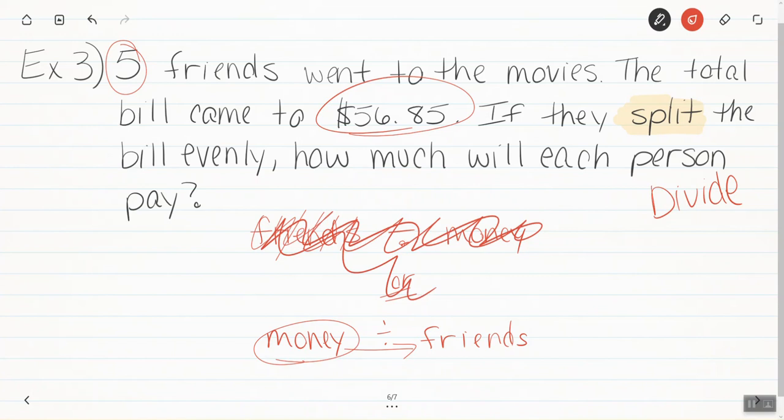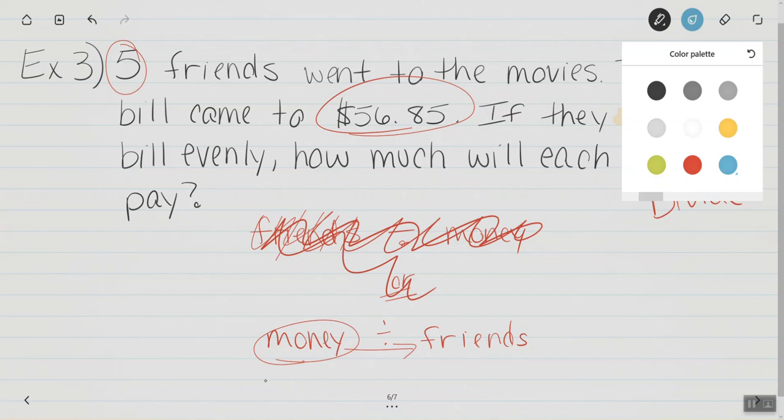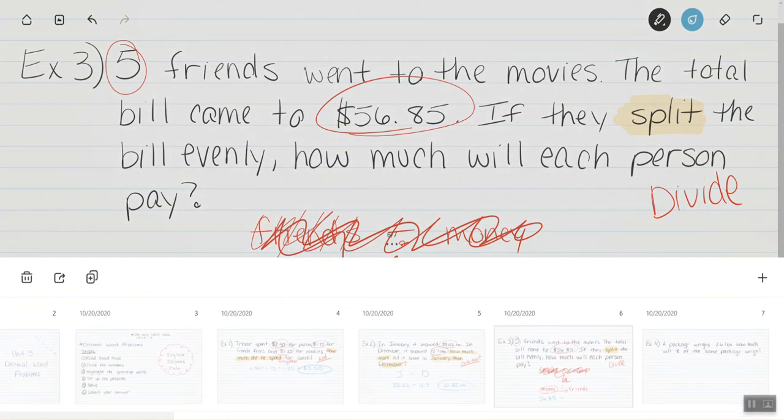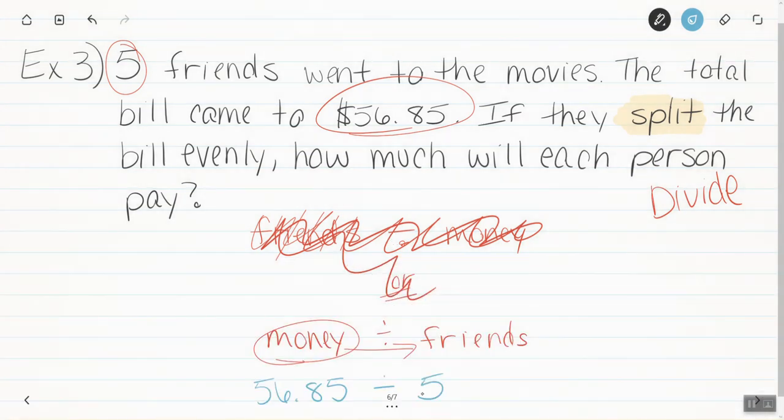So I'm going to take that $56.85 and divide it by those 5 people. So $56.85 divided by 5 people.